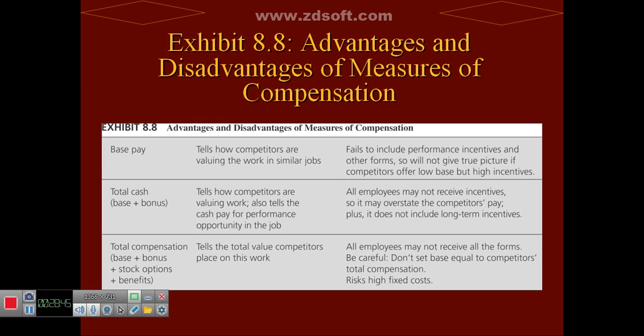The risk is high fixed costs. If there is a competitor whose base pay constitutes about, let us say, 60 to 70% of the total compensation, the company in question simply cannot set such a high proportion of base pay, because base pay is a fixed component in the total compensation, irrespective of the performance of the employee.